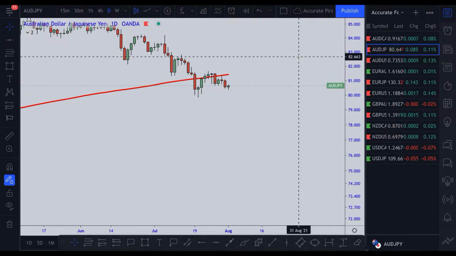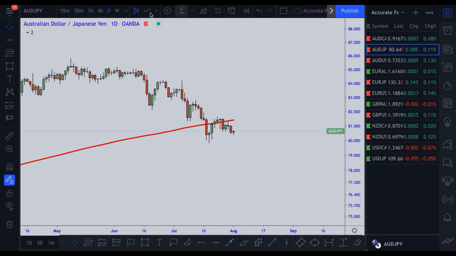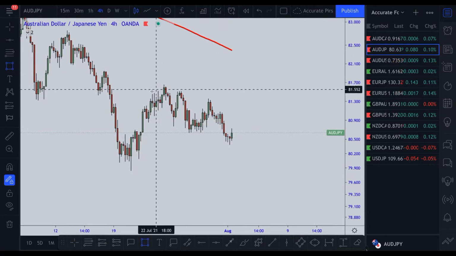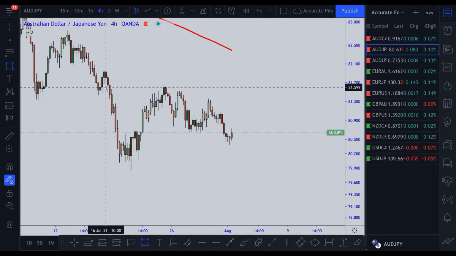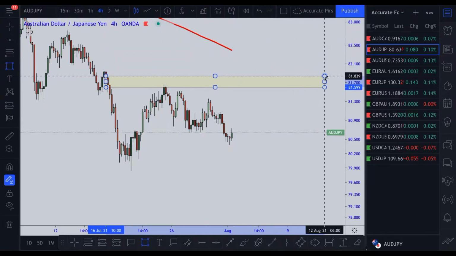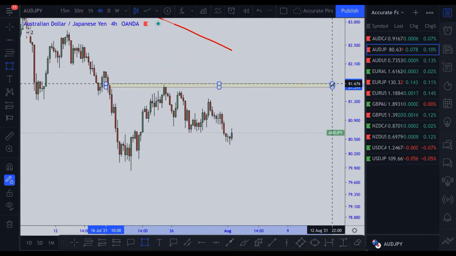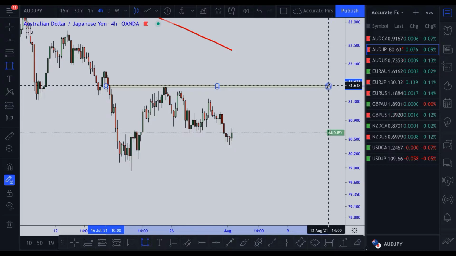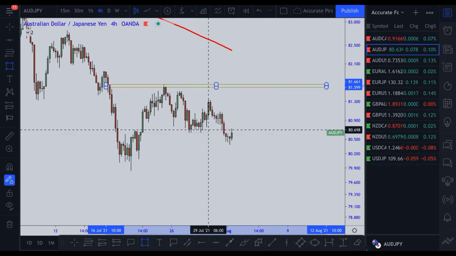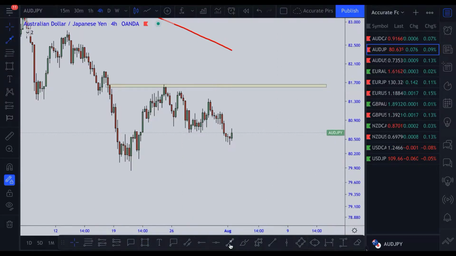With AUDJPY, we're in a downtrend as well. So with AUDJPY, it's similar to AUDCAD. We're going to be looking for price to pull back around to this level right here, this resistant level right here.